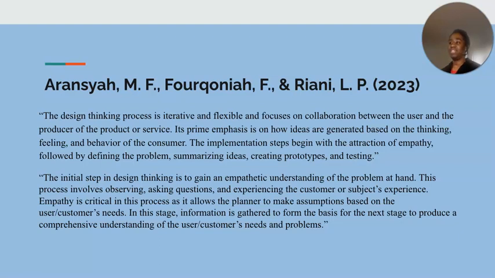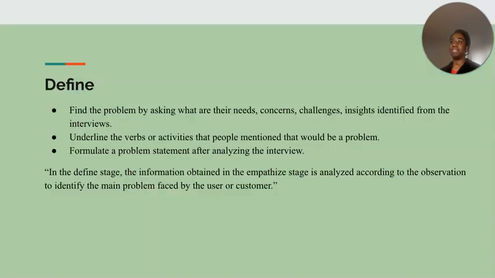Empathy is critical in this process as it allows the planner to make assumptions based on the user or customer's needs. In this stage, information is gathered to form the basis for the next stage to produce a comprehensive understanding of the user or customer's needs and problems.